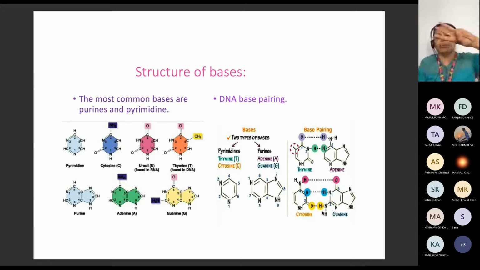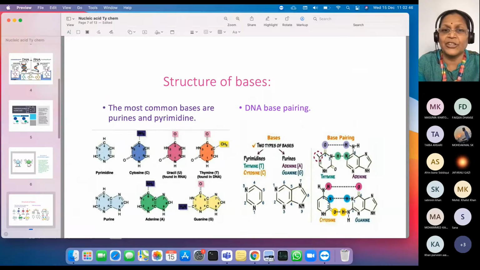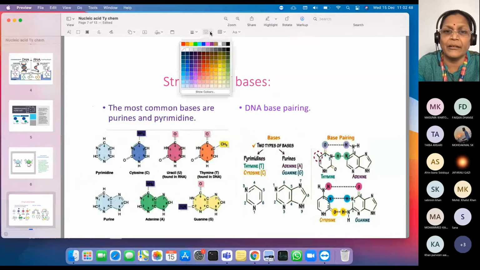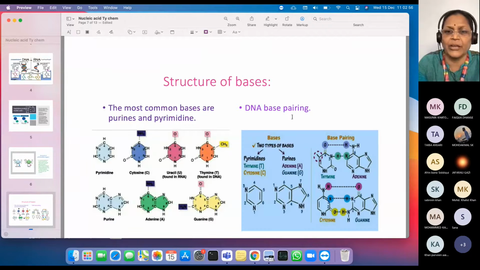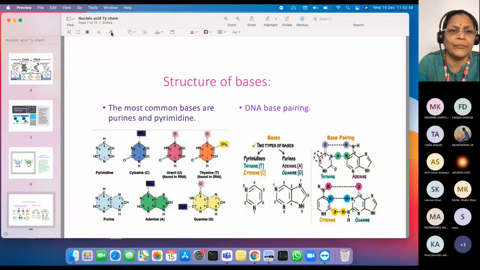You will have 3 bonds between cytosine and guanine, whereas between adenine and thymine you will have 2 intermolecular hydrogen bonds, and you have to keep that in mind when you draw the structure. So I will take a pen and show you. I will take such a color and show 2 bonds here.